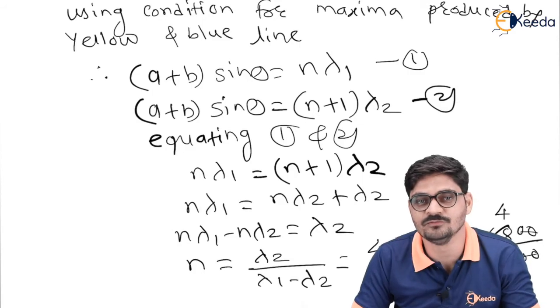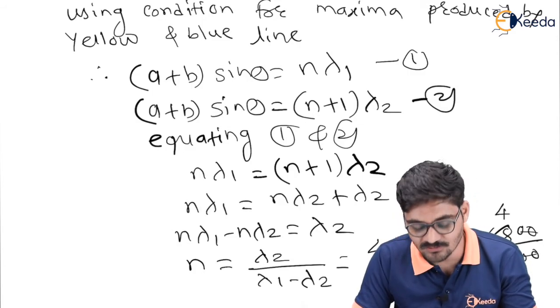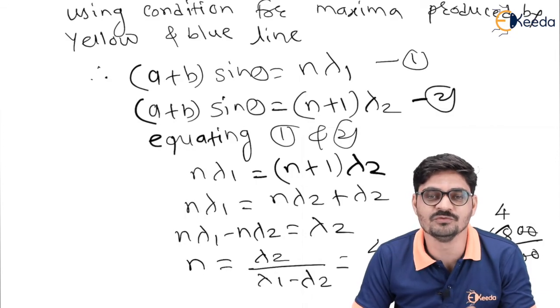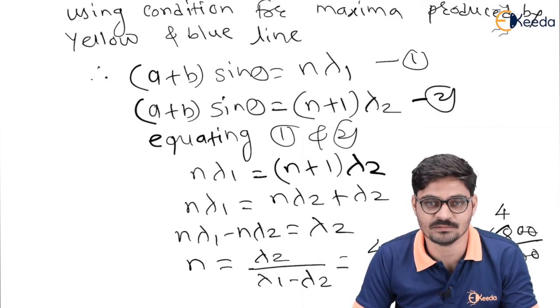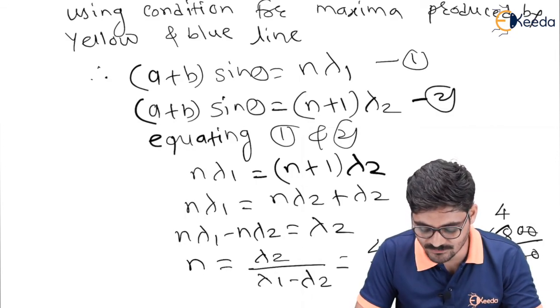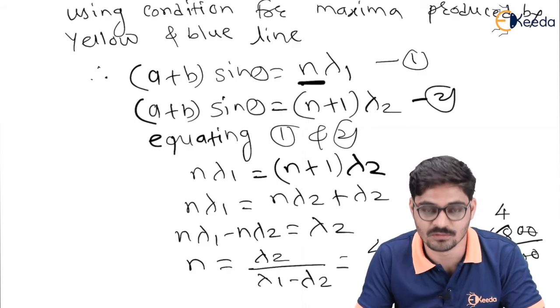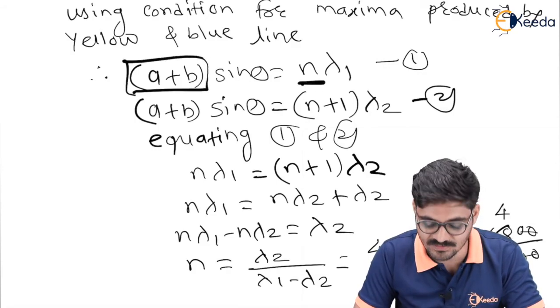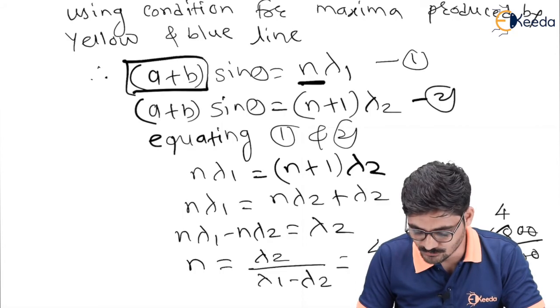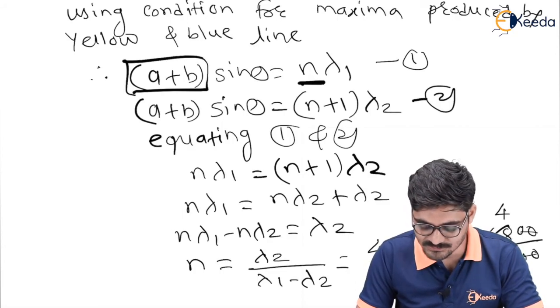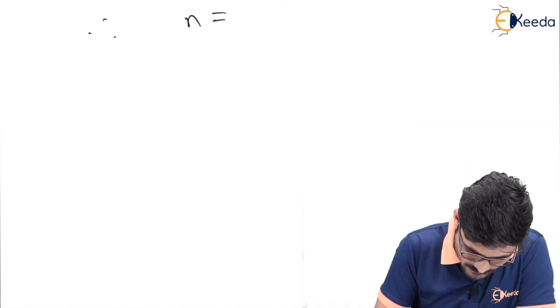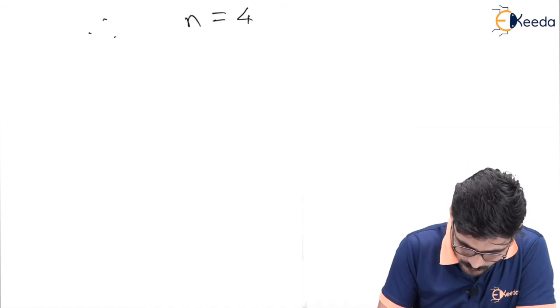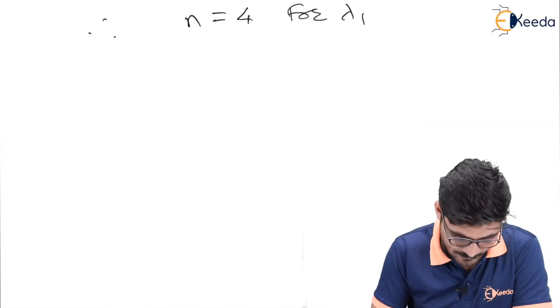Why did we find this order of the yellow line? Because we want to find the grating element, and in the grating element formula n must be known if you want to find a plus b as the unknown. So moving ahead, we got n equals 4 for the yellow line, for lambda 1. Lambda 1 was the yellow line.